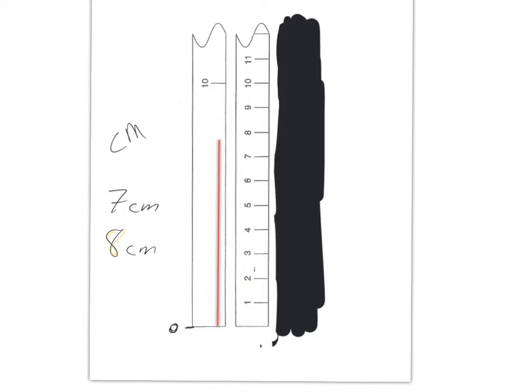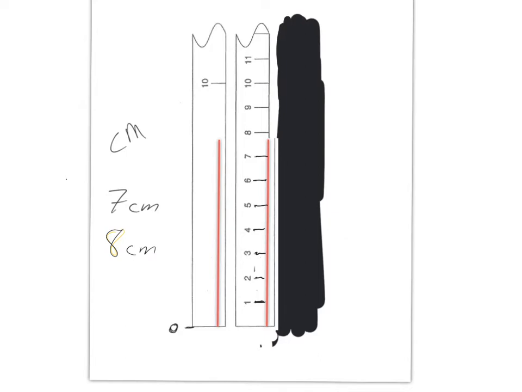All right, now let's take a look at the next ruler over. And notice how we've got more marks on this ruler now. We know where 0 is, but now we know where 1, 2, 3, 4, 5, 6, all the way up to 11 is now on this ruler. So now I've taken the exact same line and I've moved it over to the new ruler, and we're going to make the best measurement that we can possibly make here.